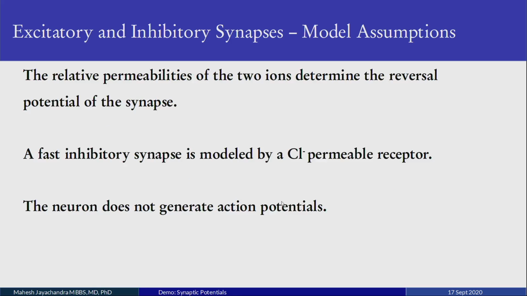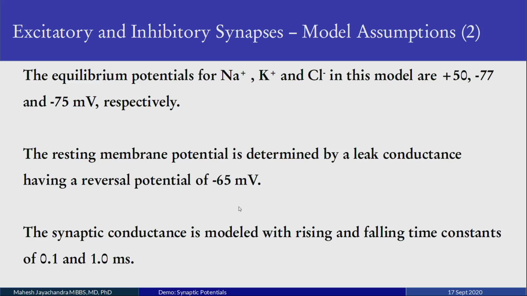Okay. So there are certain assumptions in this model. One is that the relative permeabilities of the two ions determine the reversal potential of the synapse. A fast inhibitory synapse is modeled by a chloride permeable receptor. And finally, this neuron does not generate action potentials. The other assumptions are the equilibrium potentials.